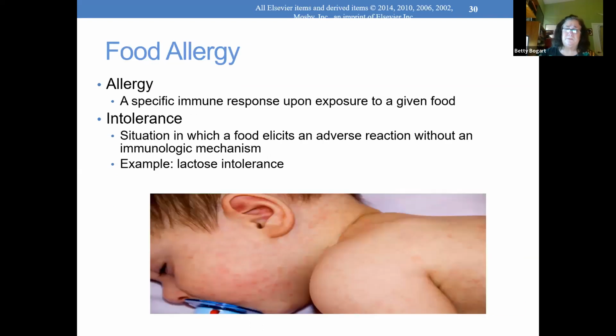Then we have food allergies, and food allergies could be as simple as maybe a little bit of rash at the bend of the arms or knees, or it could be all over the body. Or it could go up to the point of anaphylaxis, but usually in infants, we're just going to see a little rash somewhere.